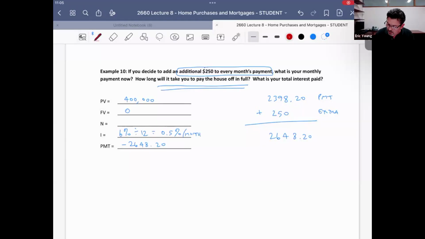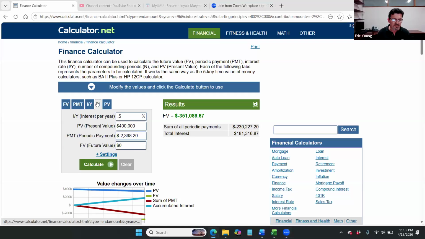Now we're solving, when I say how long will it take you, we're solving for N. Let's plug this in and let's figure it out. Notice here, we're solving for N.